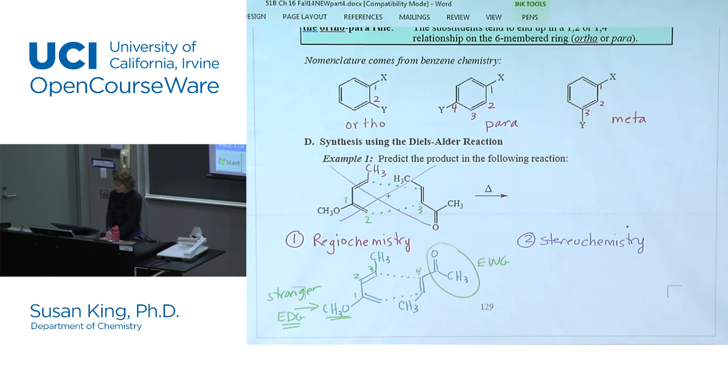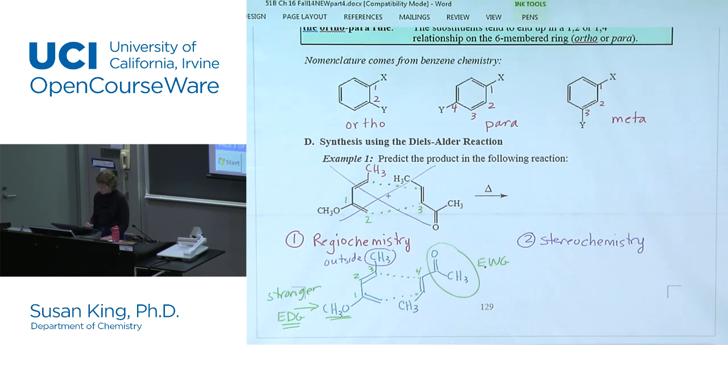All right, stereochemistry says our rule is the outside substituents and the electron withdrawing group are on the same side in the ring. So here's our outside. We don't really have inside. Well, we have a hydrogen outside, but there's two hydrogens here, so we don't even need to worry about that carbon because it's got two hydrogens.